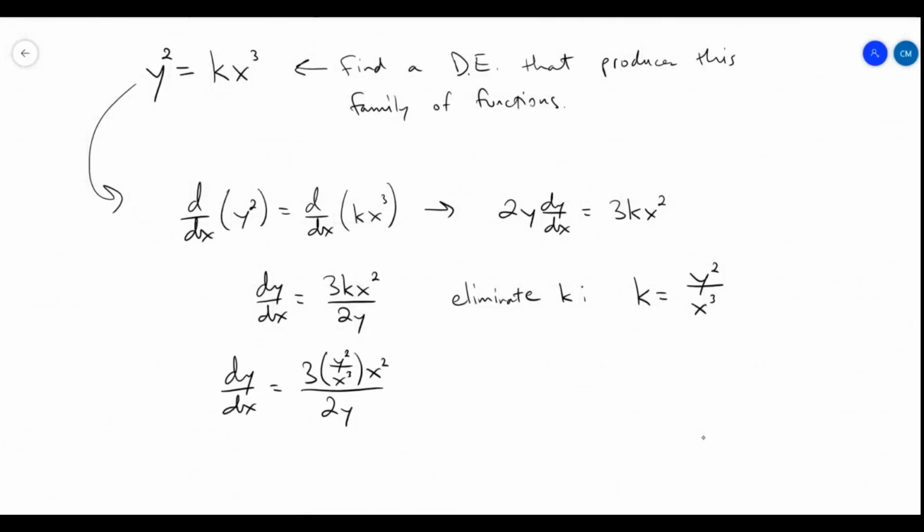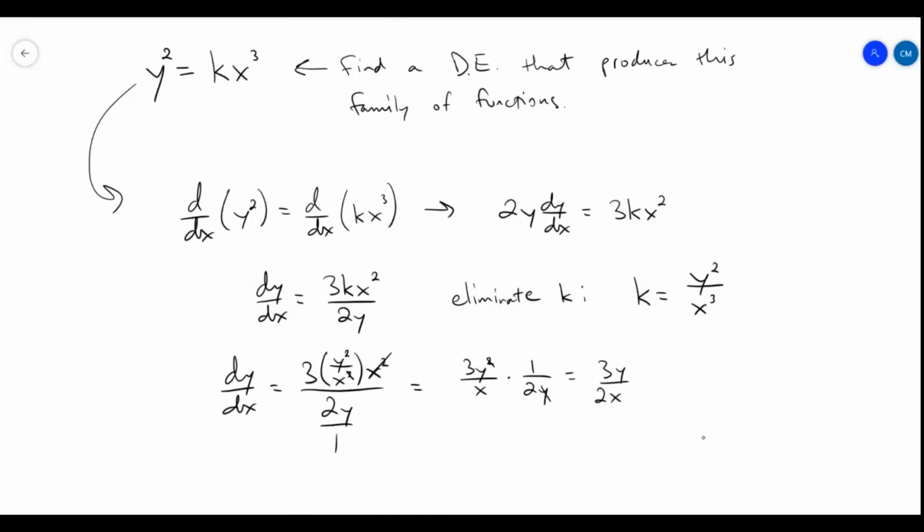Okay, so now that's going to cancel this, and that will just become a first power, right? So what I'll end up with here is, well, let me write it like this, 3y squared over x, and then this I can call it over 1, and I can say this is multiplied by 1 over 2y, and then that cancels that with that, and so I'm left with 3y over 2x.